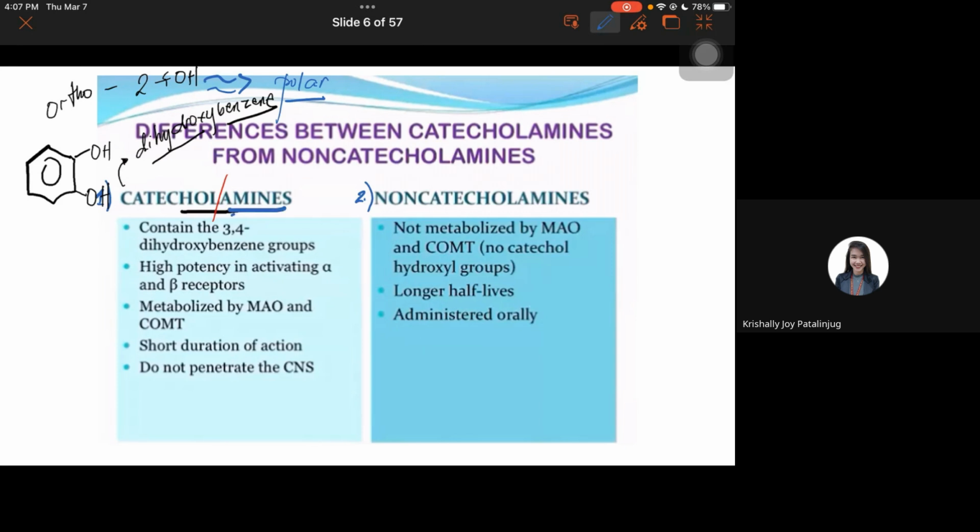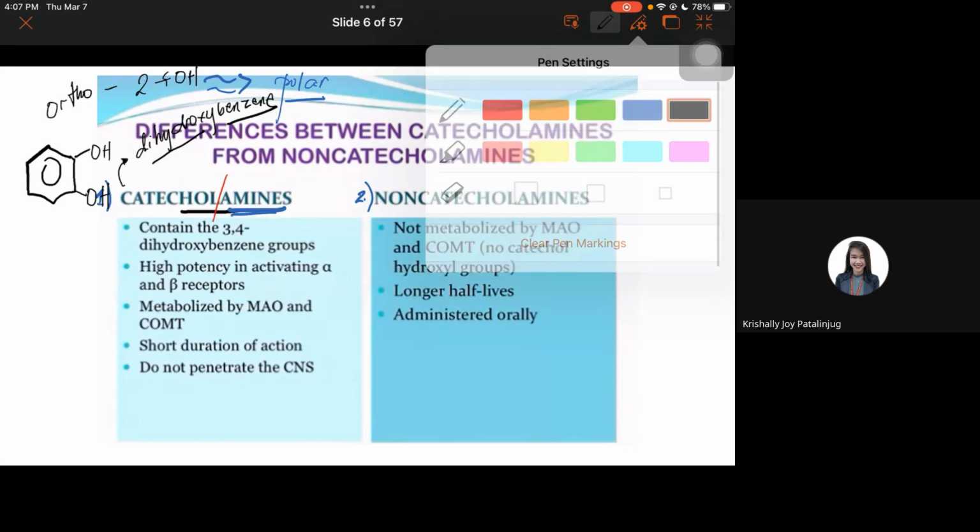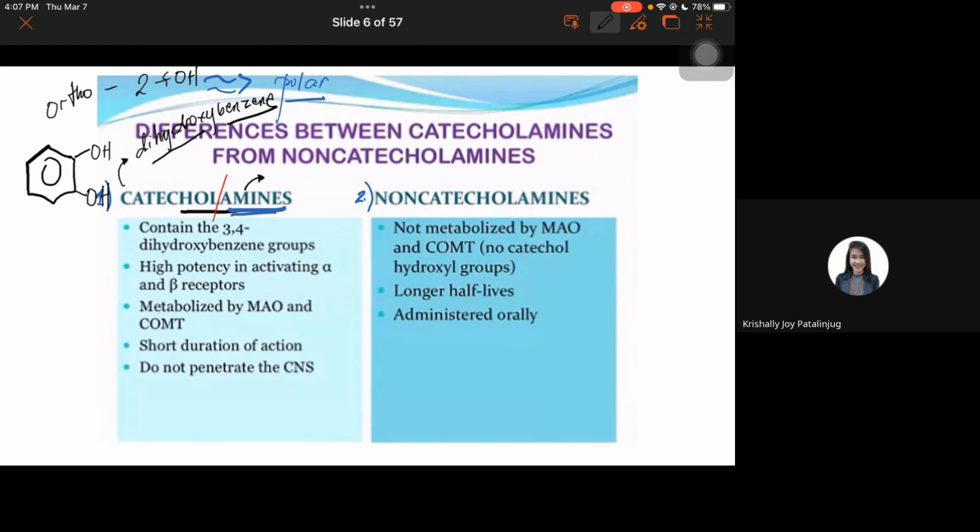Next, let's have the amine portion. Particularly, the amine there is in the form of ethylamine. When it is ethylamine, ethyl implies 2 carbons in that amine structure.